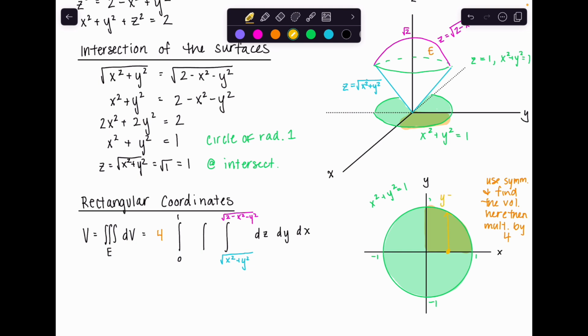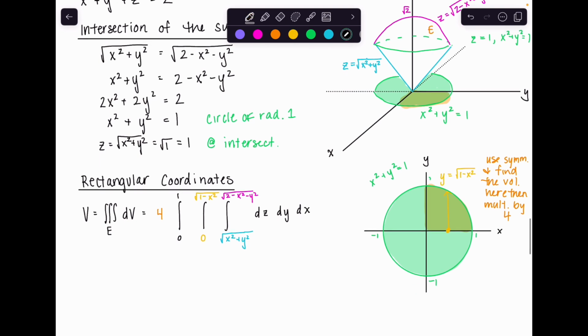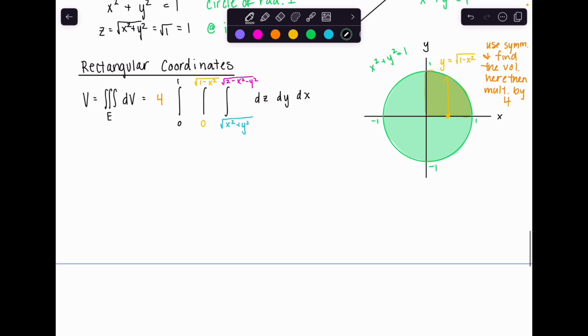It's the top half of the circle, so if you solve for y, it's the square root of 1 minus x squared. So our bounds for y are 0 to the square root of 1 minus x squared. You can do this integral, but again, it's not going to be pretty, and it would probably require some kind of trig substitution. So instead, because my x and y are circular, I'm going to set this up using cylindrical coordinates.